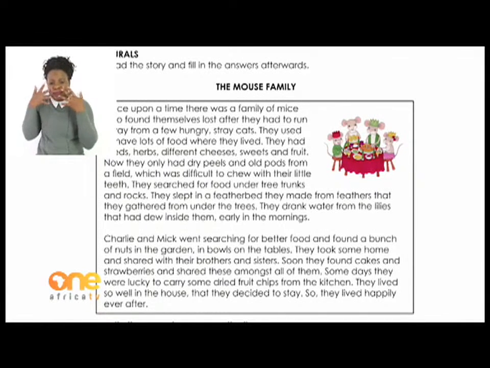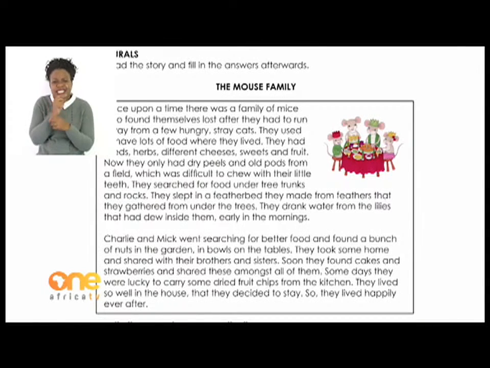They used to have lots of food where they lived. They had seeds, herbs, different cheeses, sweets, and fruit. Now, they only had dry peels and old pods from a field, which was difficult to chew with their little teeth.